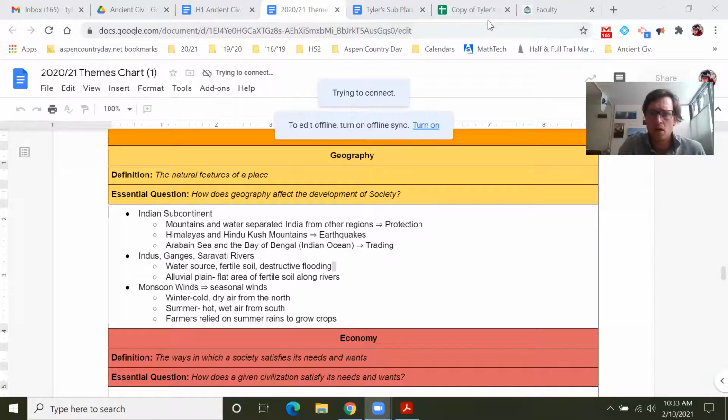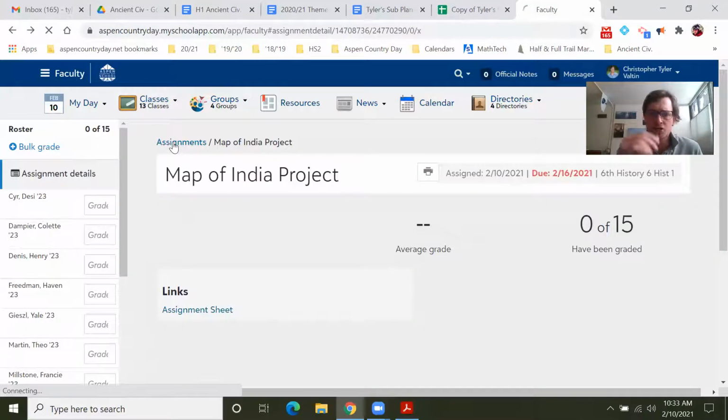I have posted an assignment on My Country Day, hopefully we're still connected. Cool. It's called Map of India Project. Come on, computer, you can do it. Here we go.